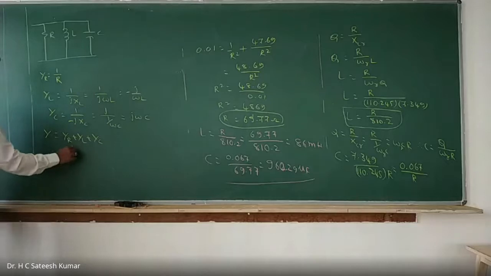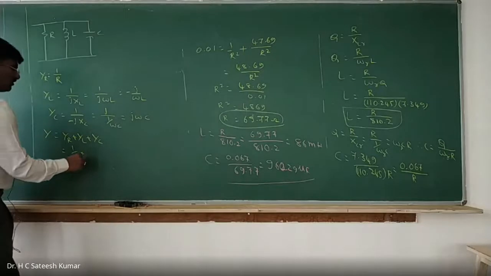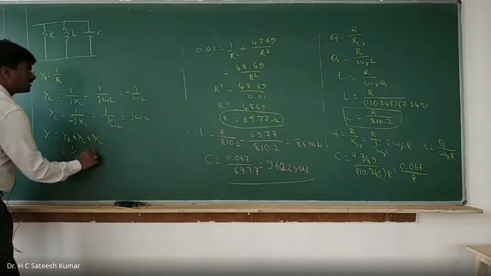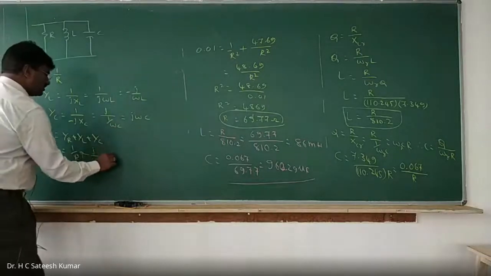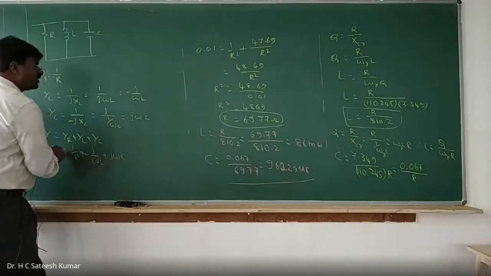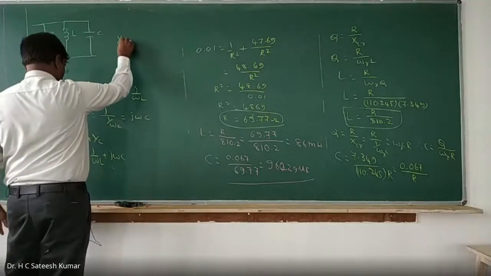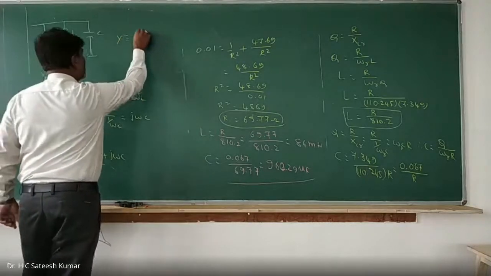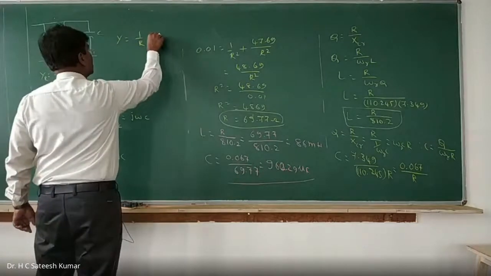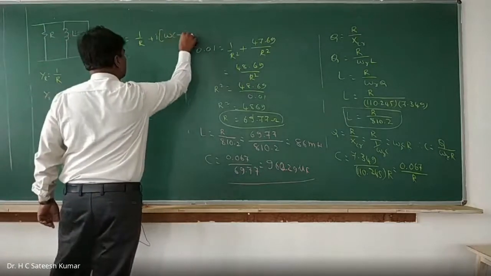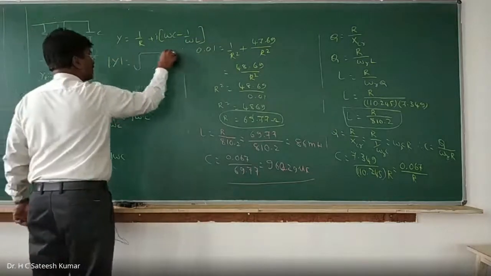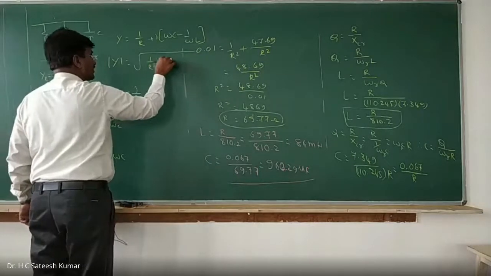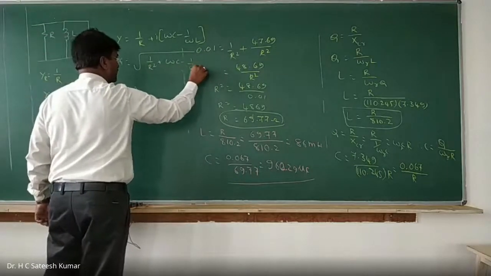YR is equal to 1 by R, plus YL is equal to minus J divided by omega L, and YC is equal to J omega C. So this is your Y. Therefore Y is equal to 1 by R plus J into omega C minus 1 by omega L. Therefore, the magnitude of Y is equal to the square root of 1 by R square plus omega C minus 1 by omega L, whole square.